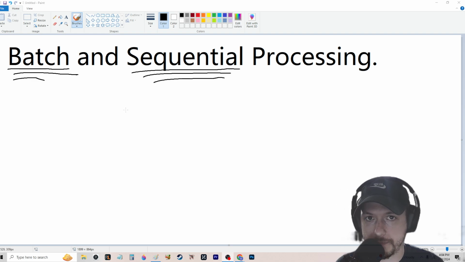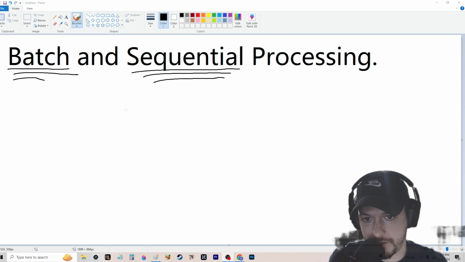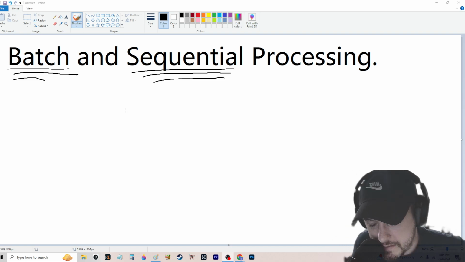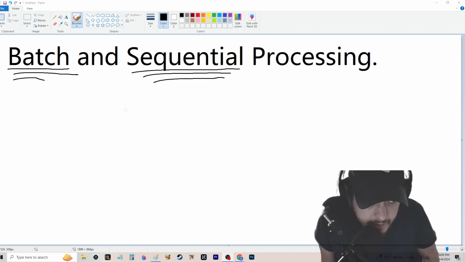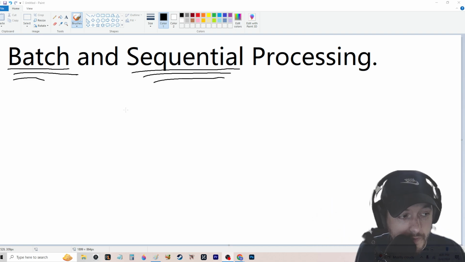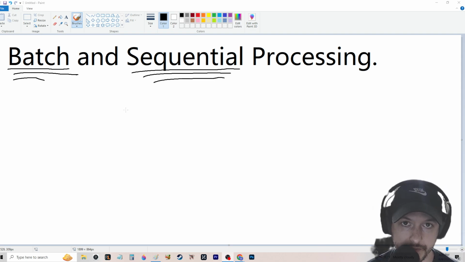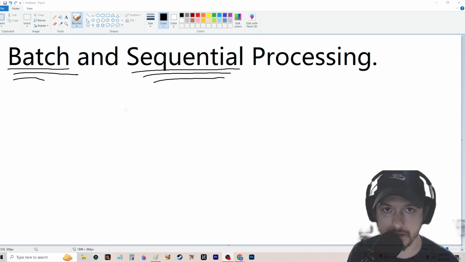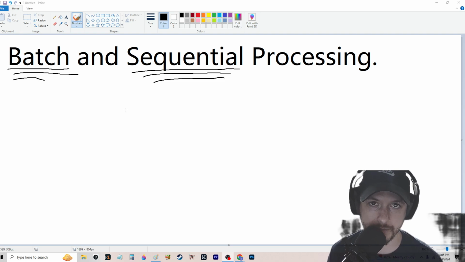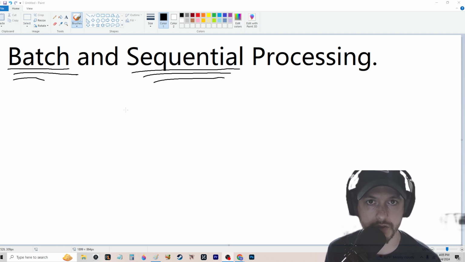Now, these are both processes for processing, and they're almost the same, but they're very different. The one thing that makes them really different completely changes their structure and their function of what sort of objectives you're going for.